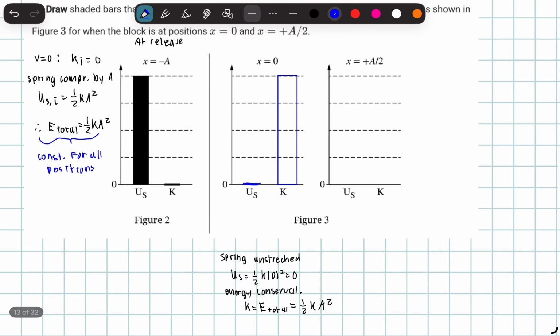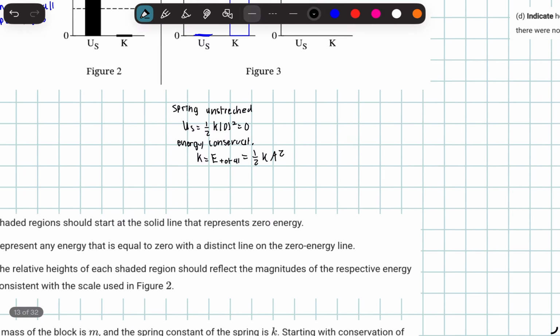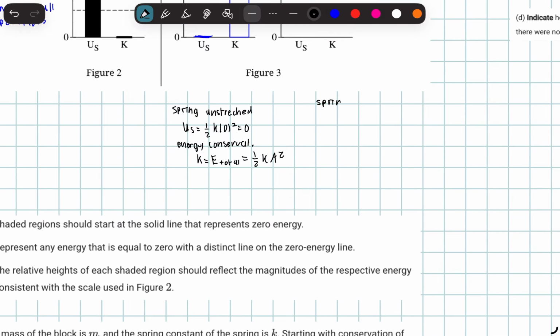So here, now for the last case at a over 2, we know that the spring is stretched by a over 2. So then you can write that the spring potential energy is equal to 1/2 of K times a over 2 squared.